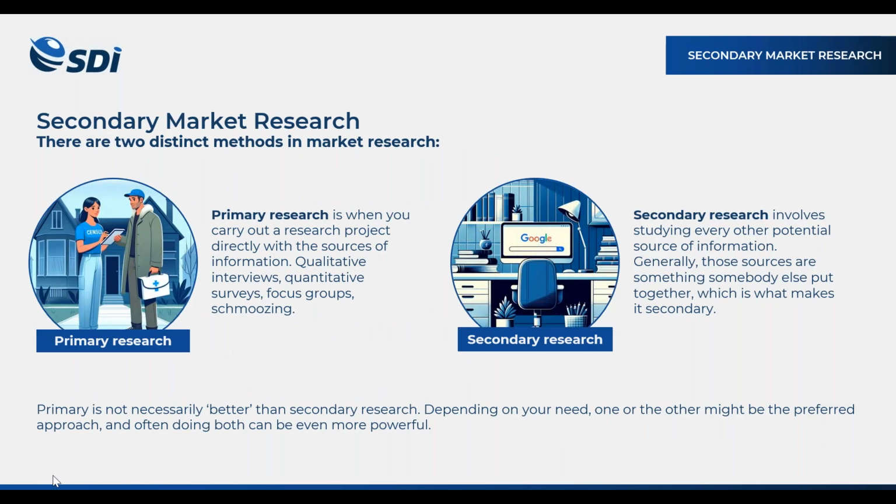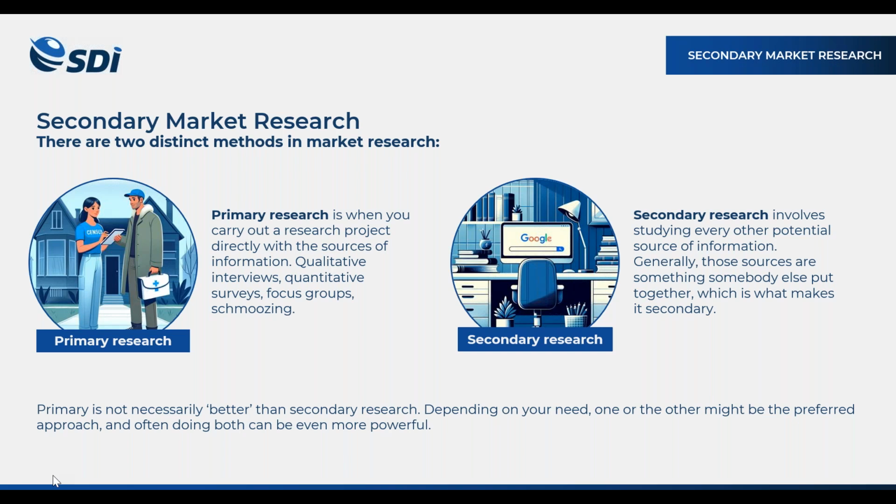So this may be starting at too elementary a level, but I just wanted to point out the distinction between primary and secondary market research. So primary research is where you, the researcher, interact directly with your sources of information. And by source, we mean people. So conducting a poll, conducting a survey, organizing a roundtable discussion, schmoozing your colleagues. Secondary research involves just about any other kind of research you might think of involving other types of sources.